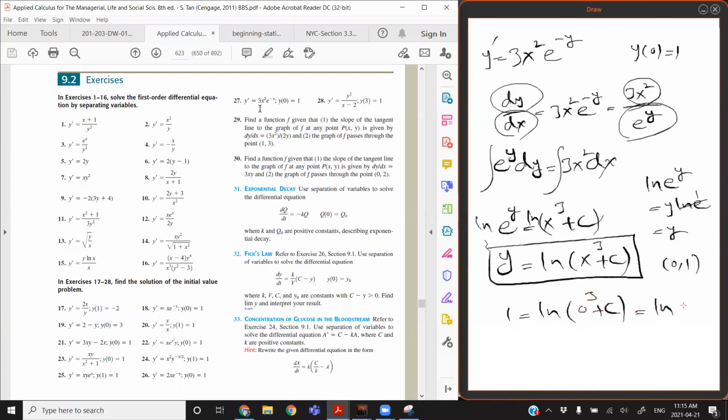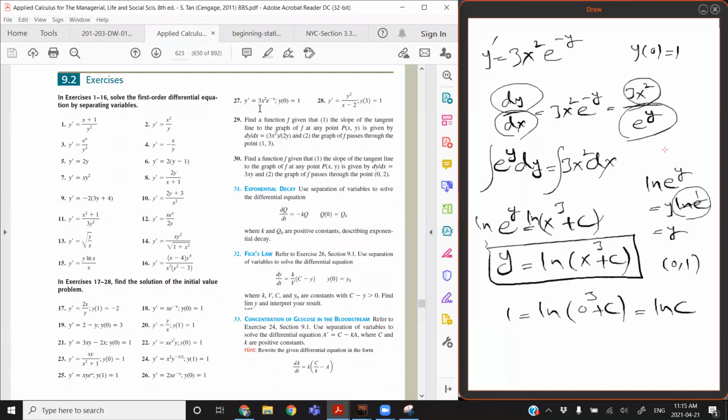So that's ln of c. Okay, what should c be so that ln of c is 1? Zero? Nope. Ln, we just saw it here. e. e, that's right. ln of e is 1.